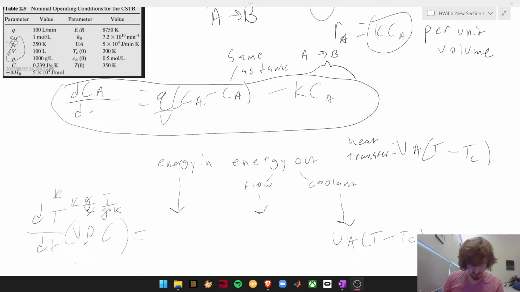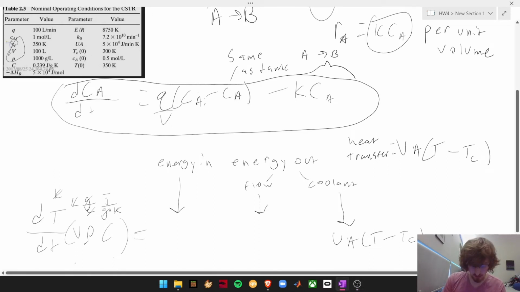From here, we just have to solve for the terms for our energy that's coming in, and then the energy that is flowing out of the system. Or not, I shouldn't say flowing out. A more accurate term would be the energy due to reaction. Because within this term here, we're actually going to be talking about both the amount that's coming in and the amount that's leaving.